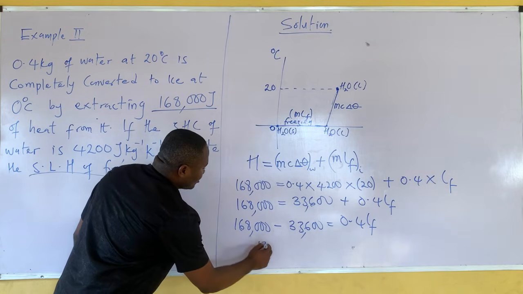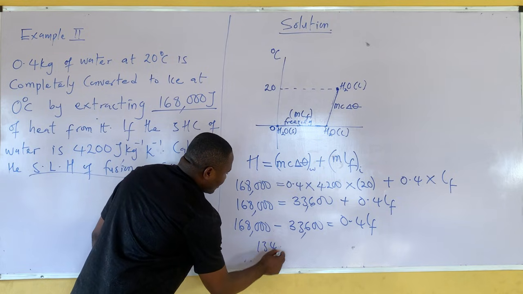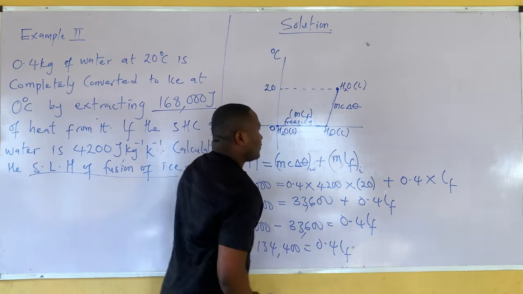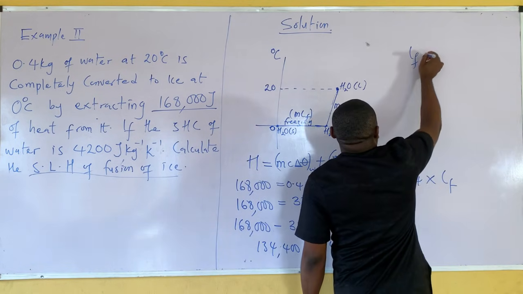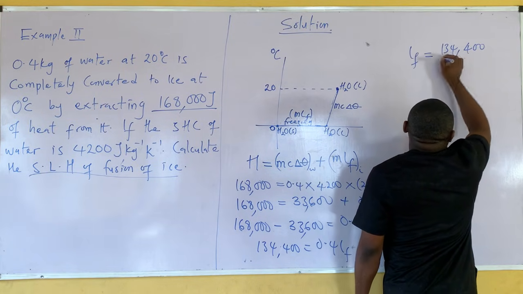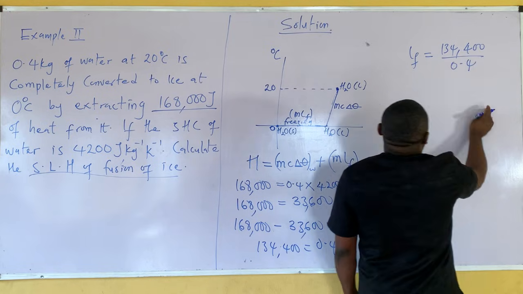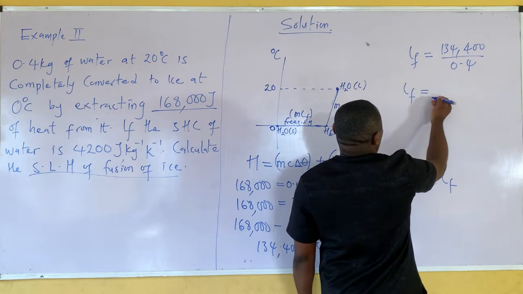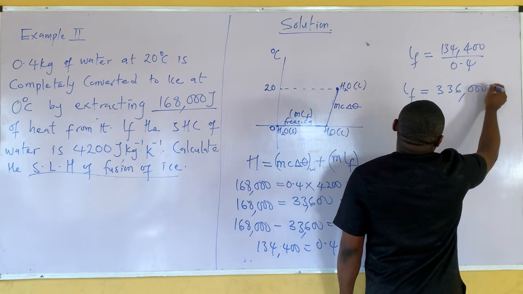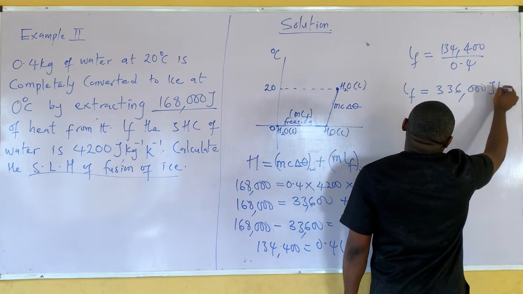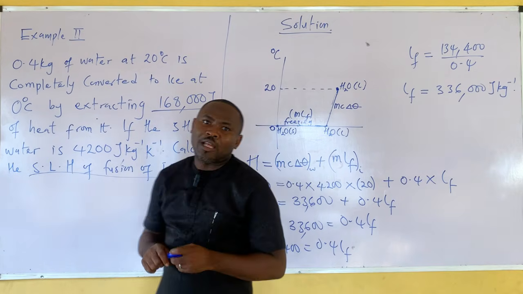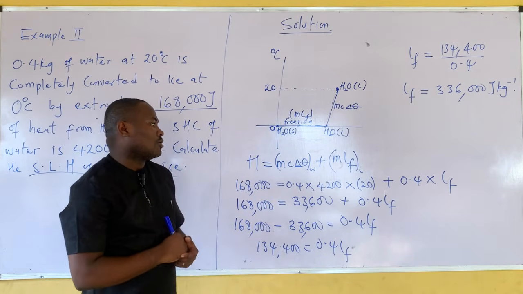So I have 134,400 is equal to 0.4 L_f. So what is our L_f now equal to? It is equal to 134,400 over 0.4. That will now give us L_f equal to 336,000 joules per kilogram. So that becomes the final answer to this question.